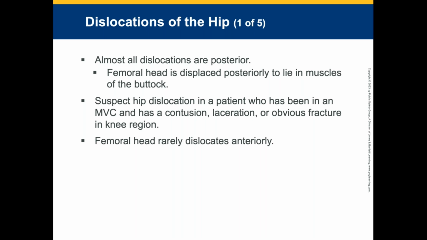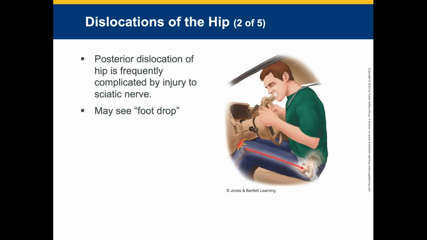The legs are suddenly and forcibly spread wide apart and locked in this position. Again, the knee strikes, and you can see the arrow coming down to the pelvis, pushing it posterior, going back out. You may see a foot drop in this as well. It also can be complicated by injury to the sciatic nerve.